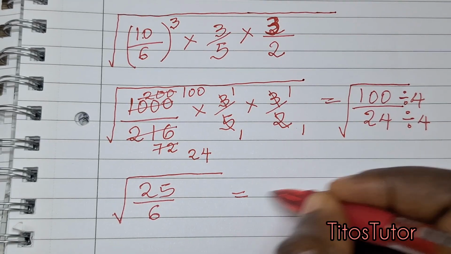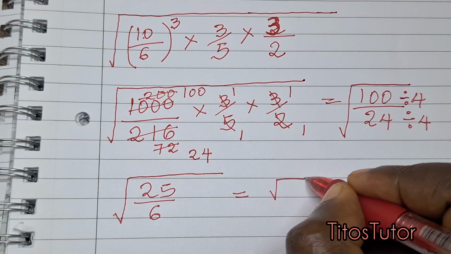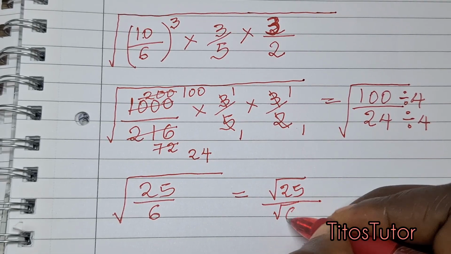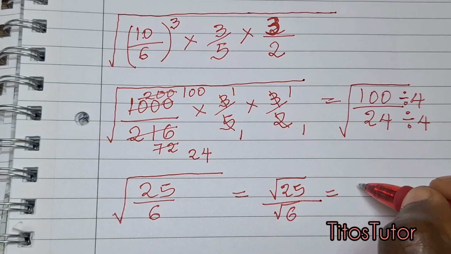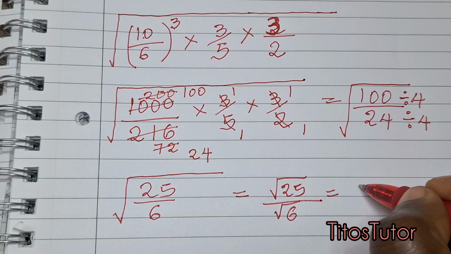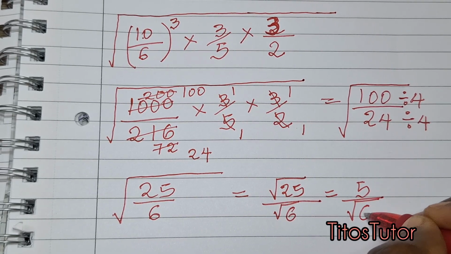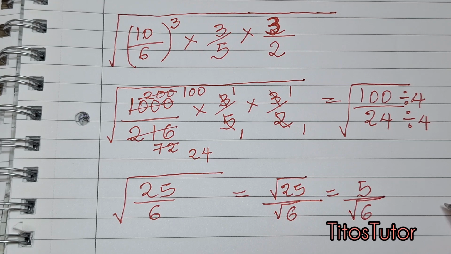This can further be expressed as square root of 25 all over square root of 6. 25 is a square number, so square root of 25 is 5, but 6 is not a square number. So square root of 6 is a surd.